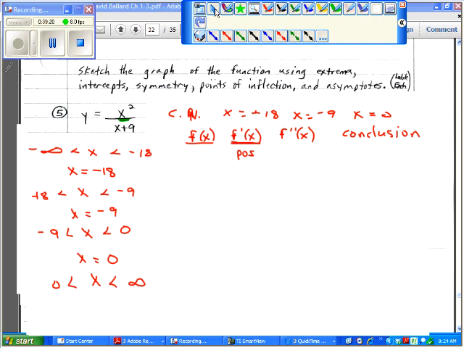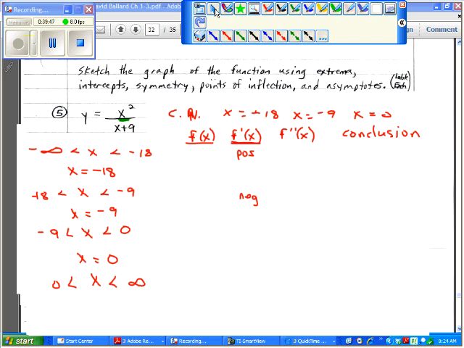If we plug into the second interval, I'm going to choose something between negative 18 and negative 9. So I plugged in the negative 10. When you plug in a negative 10, you're going to get a negative over a positive, which is negative. So in this second interval, the first derivative is negative. We're going to go to the third interval of negative 9 to 0.